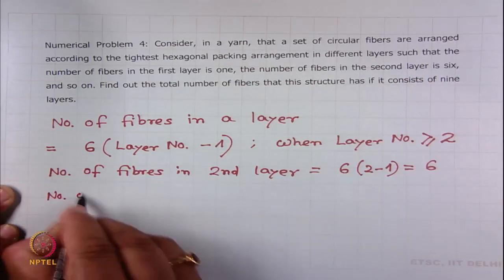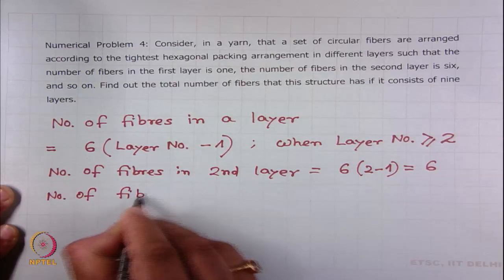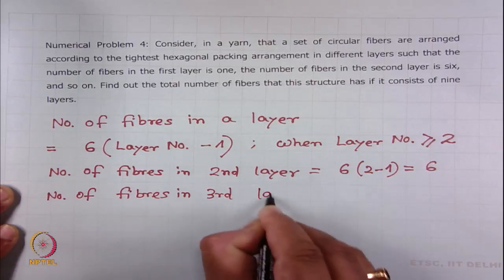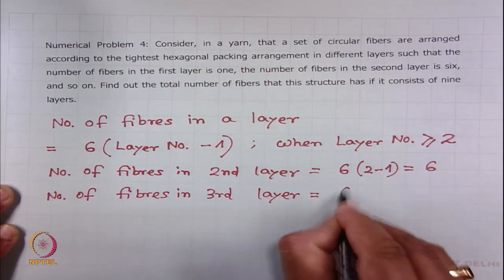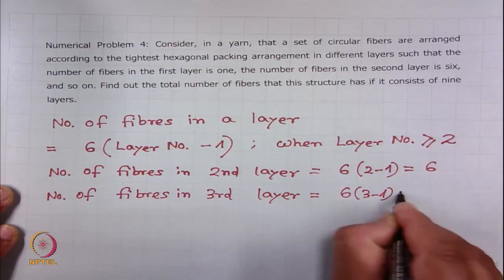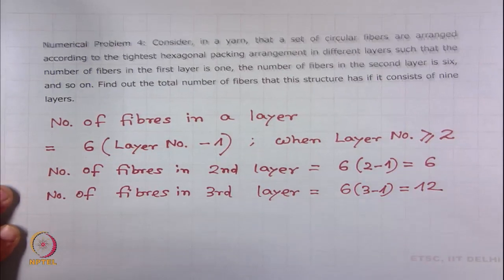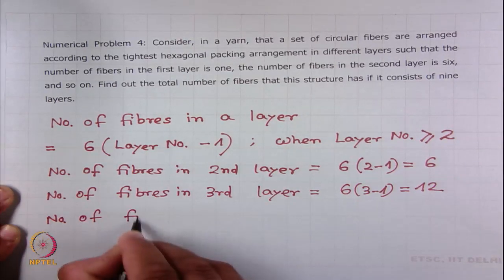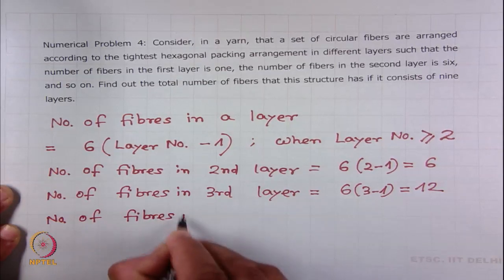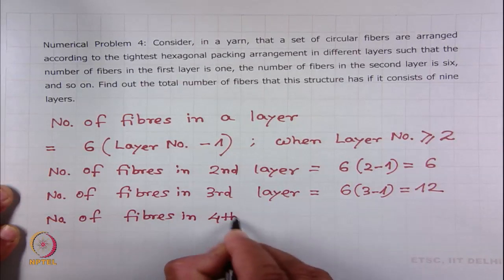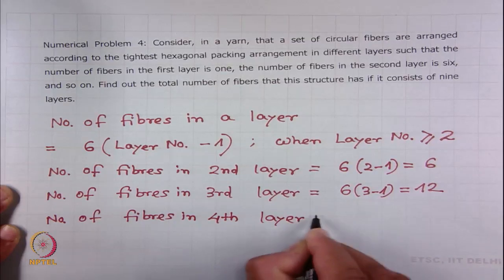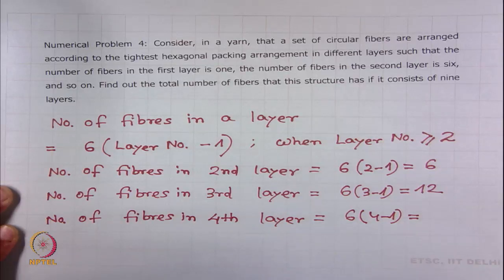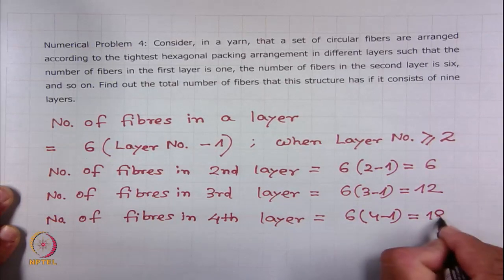Similarly, number of fibers in third layer, 6 into 3 minus 1, that is 12. Number of fibers in fourth layer, 6 into 4 minus 1, 18, and so on.